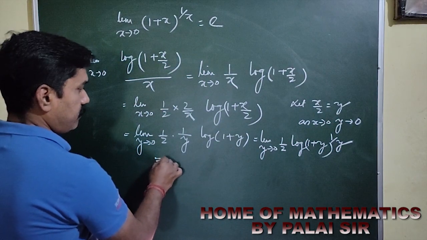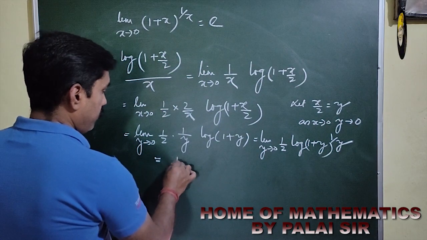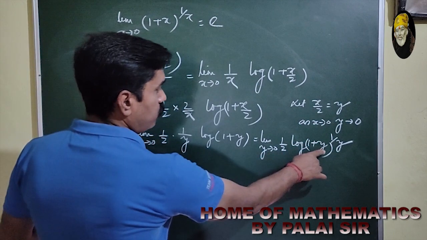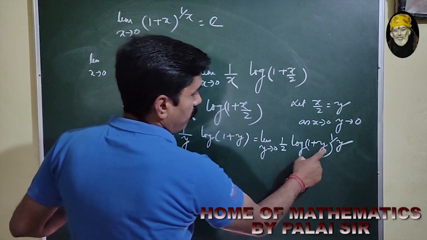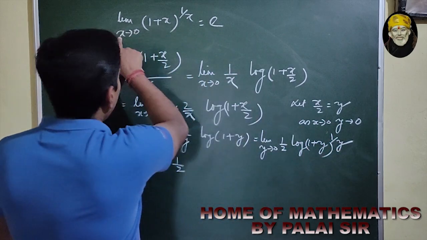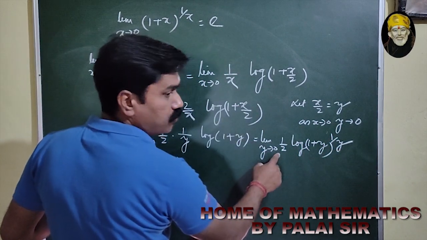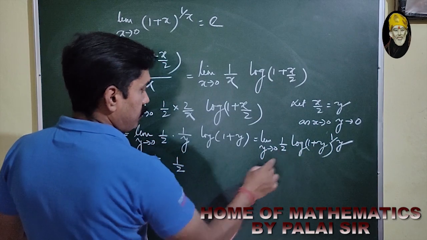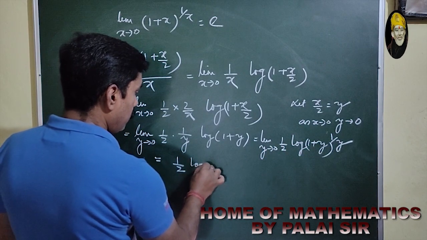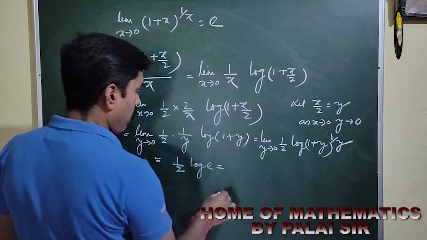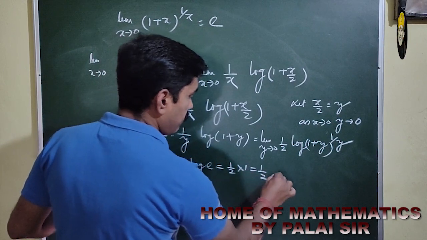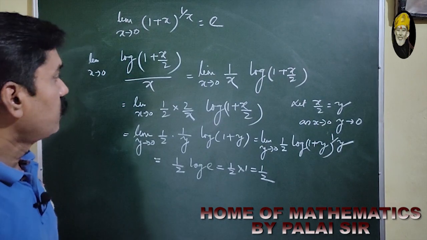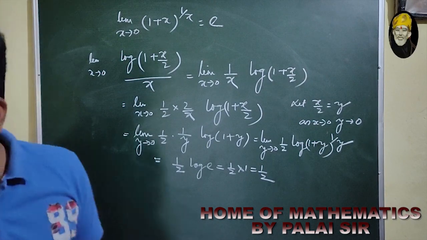So it will be what? 1 by 2. Here when you are going to use the formula, here you see 1 plus x to the power 1 by x, 1 plus y to the power 1 by y, limit x tends to 0, limit y tends to 0. So what will be its value? e. So it will be 1 by 2 log e. And the value of log e, you know its value is 1. So 1 by 2 into 1, its value is what? 1 by 2. Like this we can solve the problem.